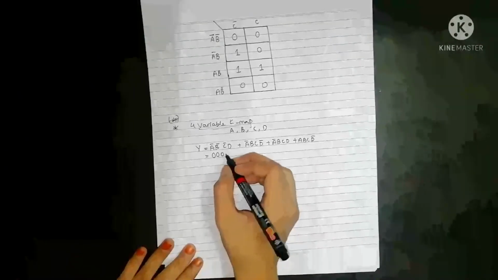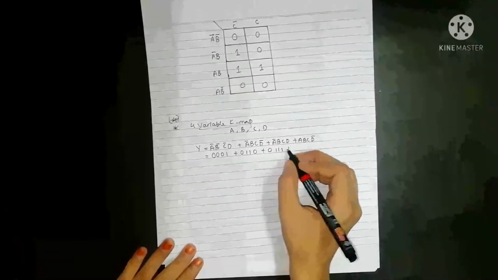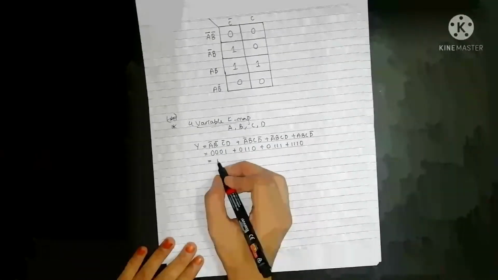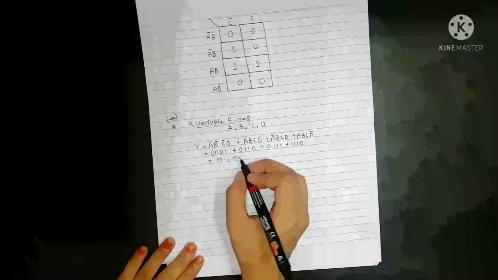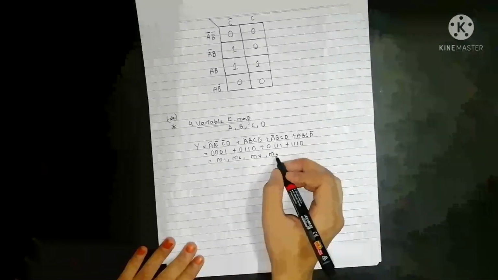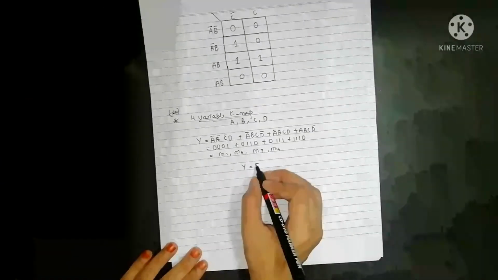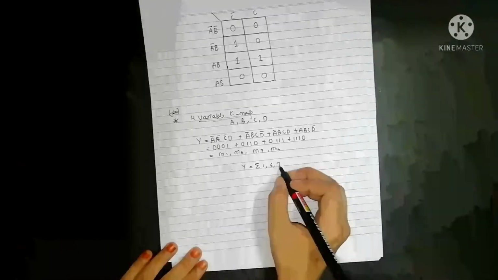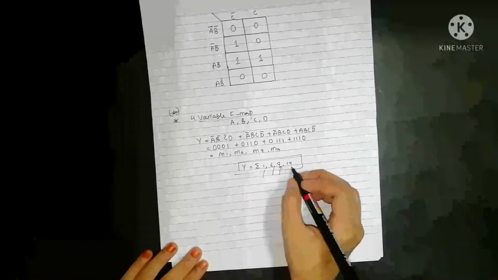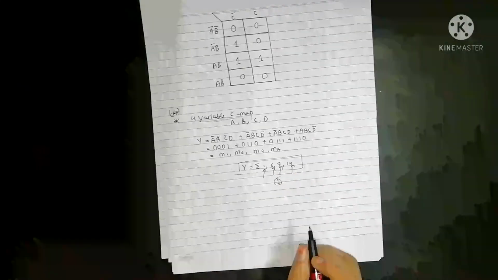So 0 0 0 1, 0 1 1 0, 0 1 1 1, 1 1 1 0. This is M1, M6, M7 and M14. So y is equal to sum of 1, 6, 7 and 14. For these 4 values I will have 1 in my K-map, and for the remaining values I will take 0.